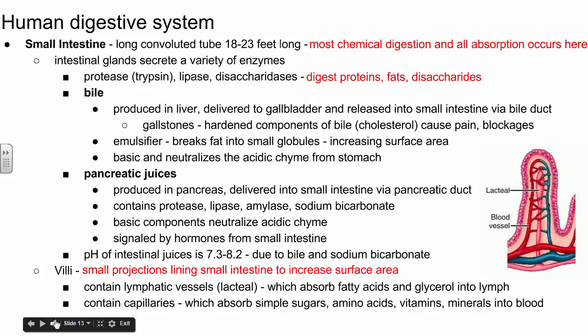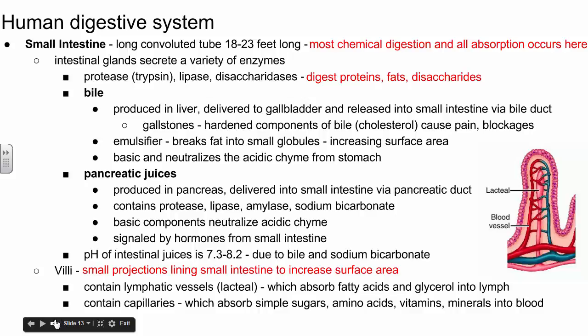Also, inside of these villi are parts of our lymphatic system. Our lymphatic system is sort of like another circulatory system within our body, but it doesn't carry blood. It carries body fluid, it carries lymph. And this lacteal, you see here, absorbs certain materials like fats, for example glycerol and fatty acids.